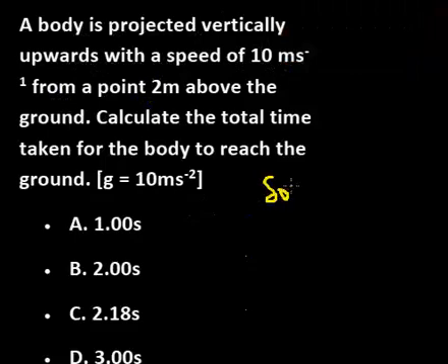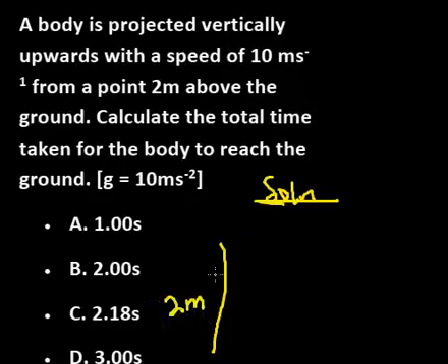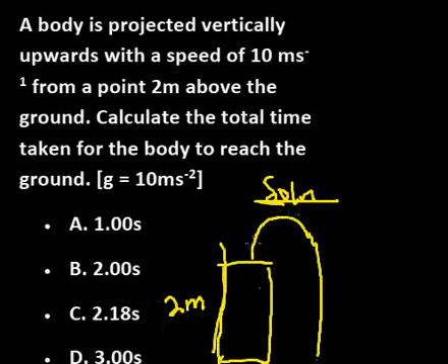So solution. This body is projected at a height of 2 meters. Let's say this is where the person threw the body. The speed of throwing is 10 meters per second from a point 2 meters above the ground.